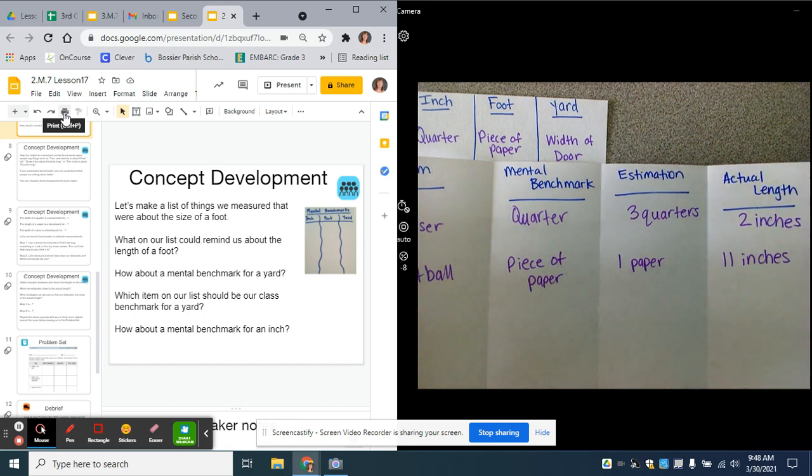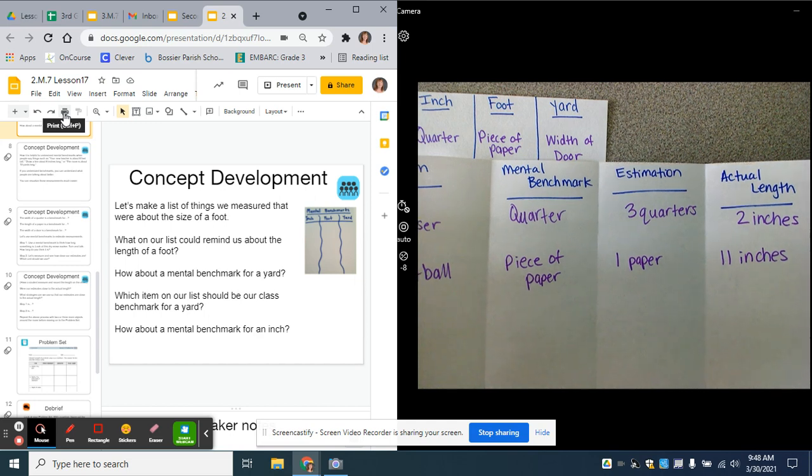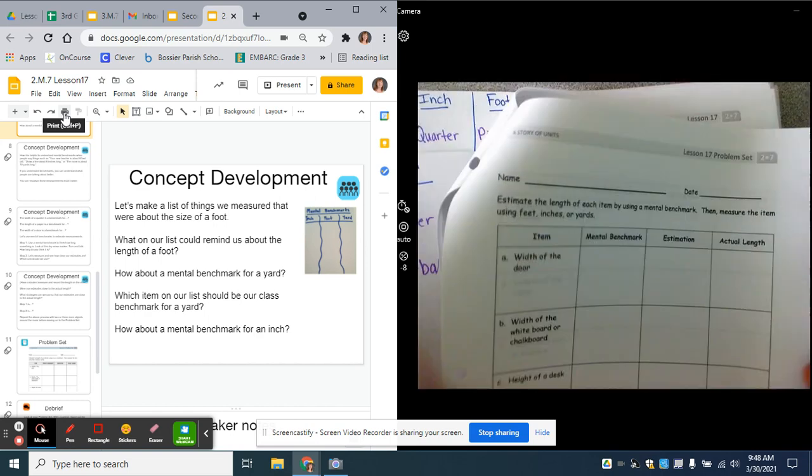All right. And if you don't have any of the items that are going to be on your problem set today, that's okay. I want you to do all the ones that you can of the items that you have around your house, whether it's inside or outside. Here's a little preview to our problem set.